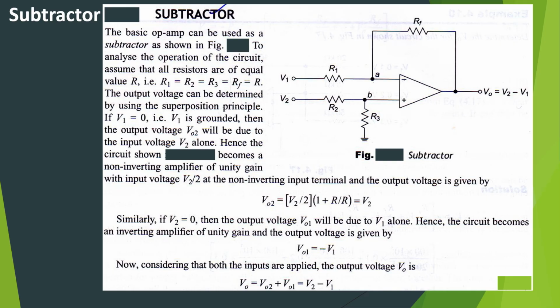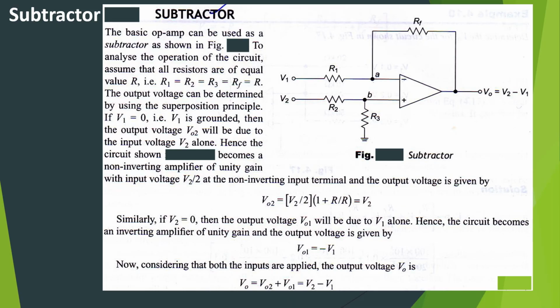If V1 equal to 0, that is V1 is grounded, then the output voltage V02 will be due to the input voltage V2 alone.